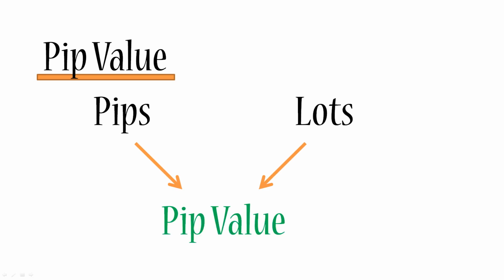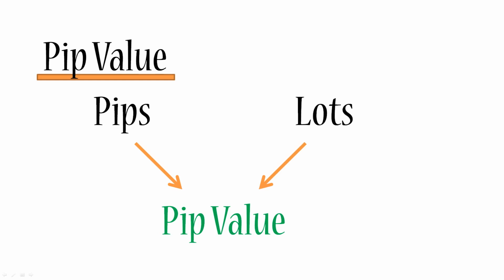It is important to understand that Pip value is not just a function of the currency pair that you're looking at. Pip value depends on the number of pips the currency pair has moved and also on the volume of your transaction. So if you enter into a transaction with a higher number of lots, then your Pip value will be higher. If you enter with a lower number of lots, your Pip value will be lower.